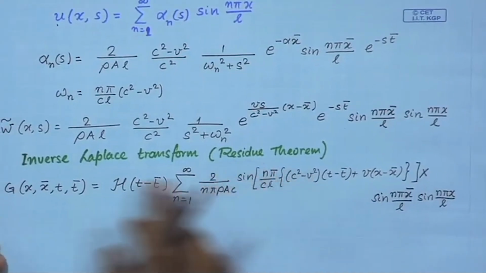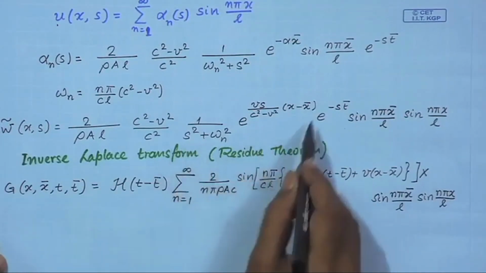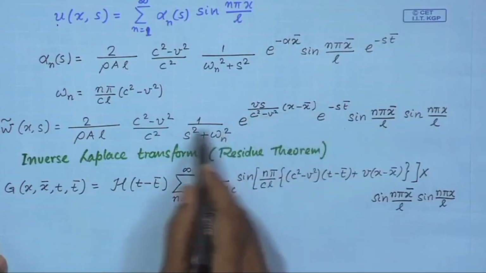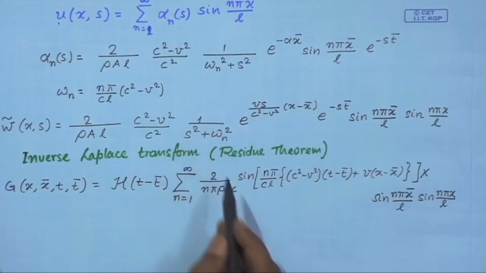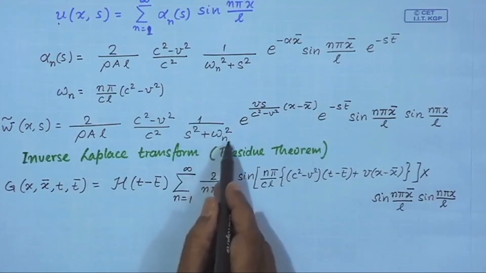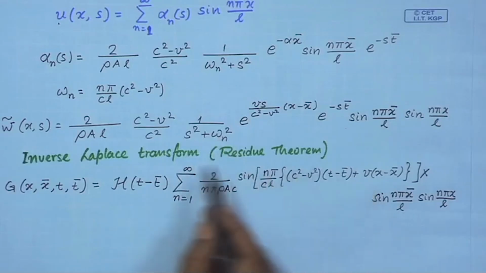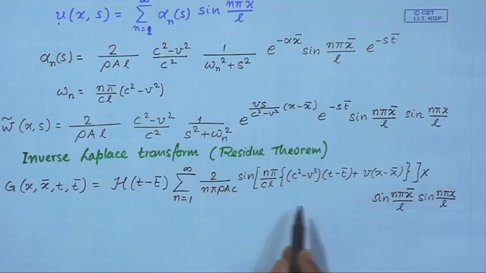So, use residue theorem to invert the Laplace transform. Here it has got simple poles at plus minus i omega n. Once you do the inverse Laplace transform, we can easily obtain this expression here.